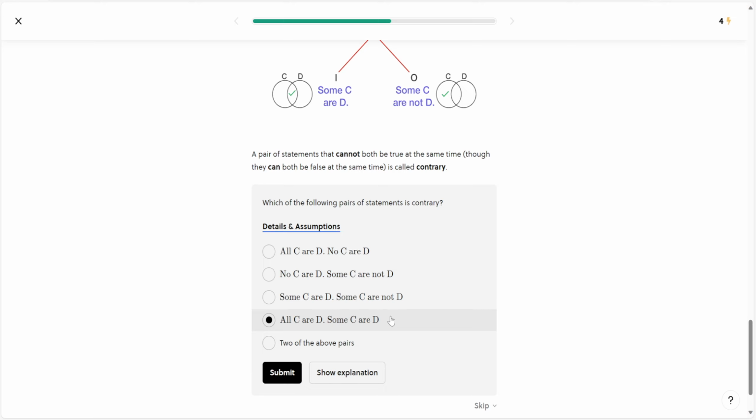But that's not contrary, I don't think. That's just obvious. So it's either this one or both of these. A pair of statements that cannot be true at the same time.